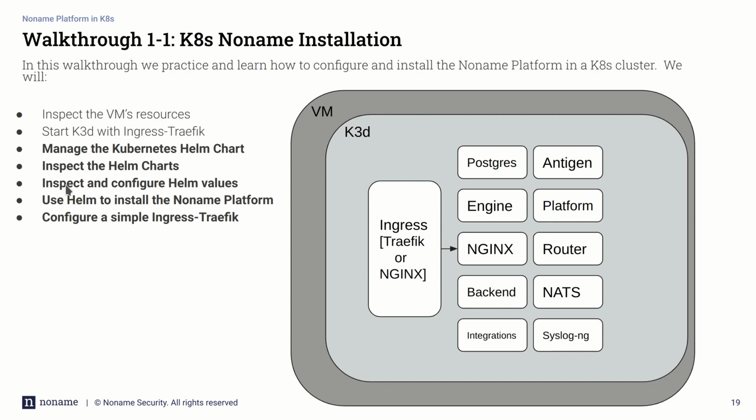Then we're going to inspect and configure the Helm values. In particular, I like to provide the values specific to our installation. For example, we need to provide the registry credentials to pull all the different containers that are to be deployed in the different pods.